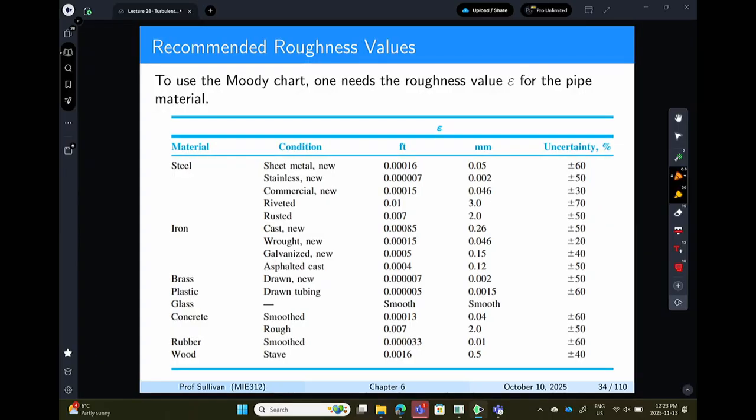Different types of pipe. And one of the things you'll see in a lot of different problems is that you're going to be dealing with steel, iron, asphalt, cast iron plate or pipes, where you get an estimate from this chart or this table of what the roughness is. So it's 0.00007 feet, 0.015 millimeters.